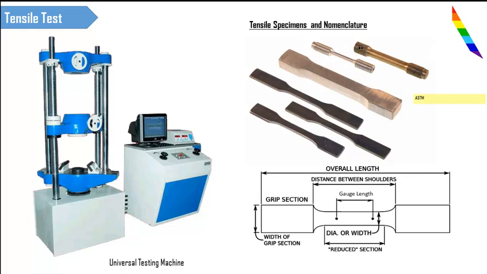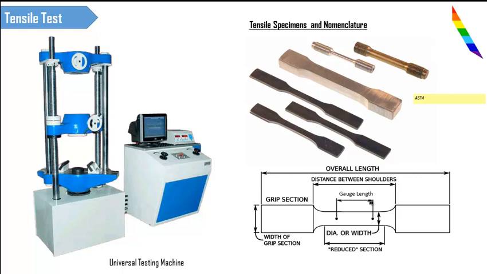This is mainly to ensure proper contact so that no slip happens between the chuck and the specimen. And one important portion is the gauge length, because we expect a failure to happen within the gauge length. The entire reading is measured in between this gauge length.